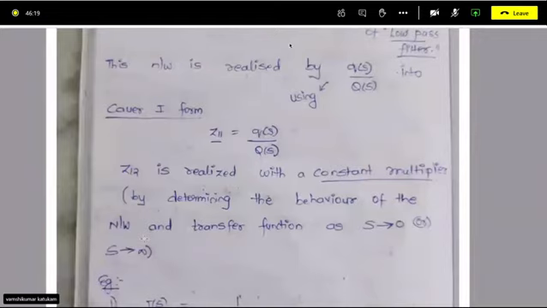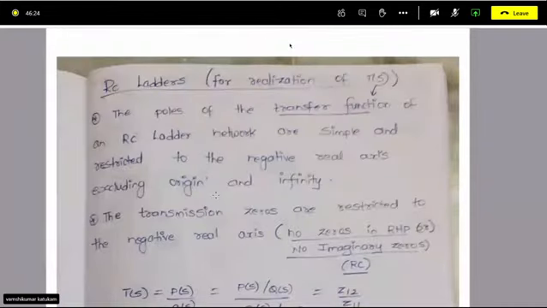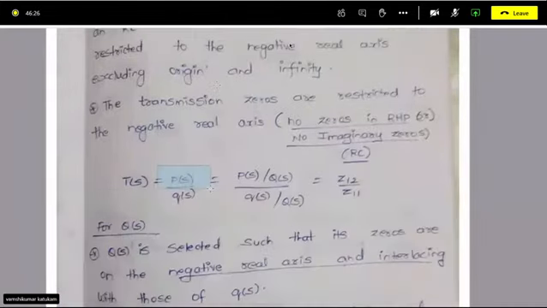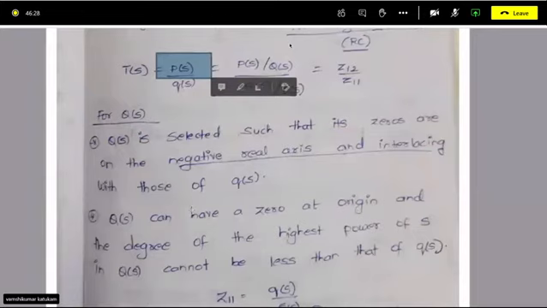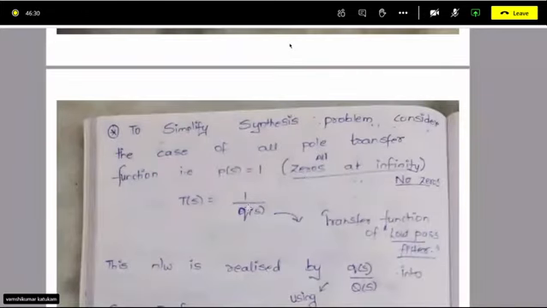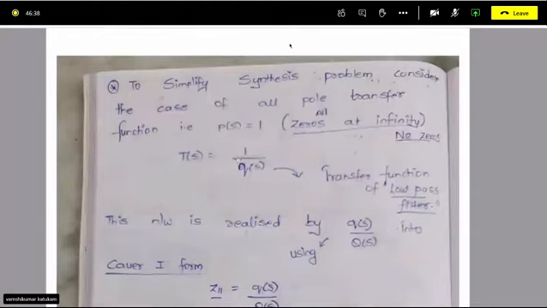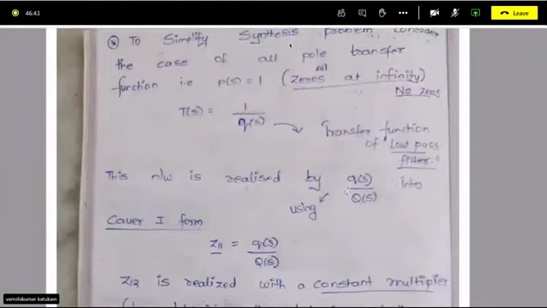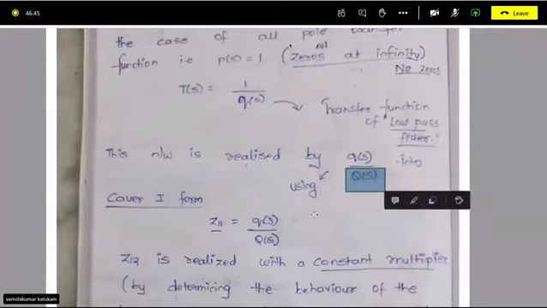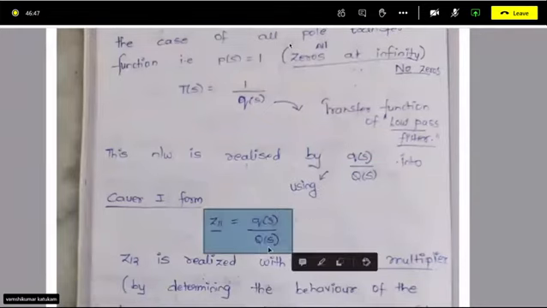So in RC ladders, the first case we are taking is P of s equal to 1, that is 1 by Q of s, which is a low pass filter. For synthesis of this transfer function, we divide by capital Q of s. Then you will have Z11, which is nothing but small q of s upon capital Q of s.